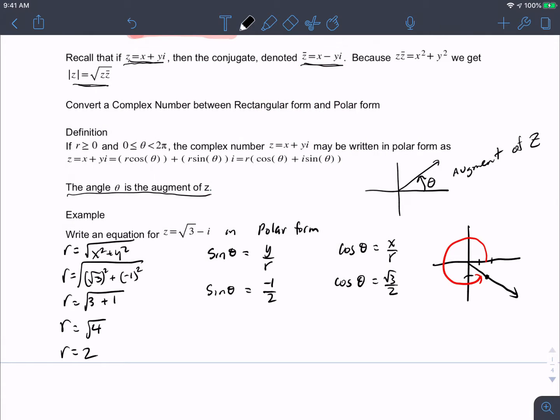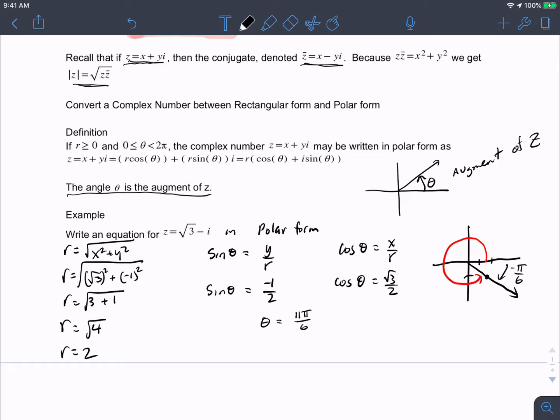To get that angle, if you use your unit circle, what value would have radical 3 over 2 and a -1/2? Well, if we reference to the first quadrant, it's pi over 6. So this reference angle here would be pi over 6, right? Negative. So then 2 pi minus pi over 6 would give us that our theta should be 11 pi over 6.